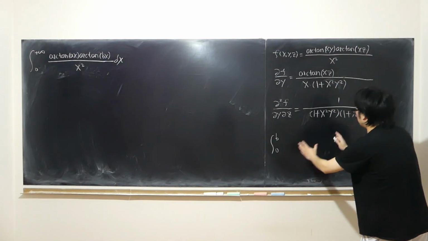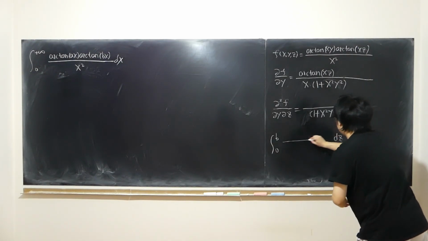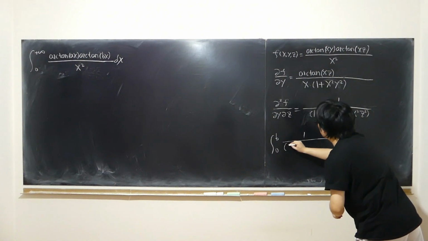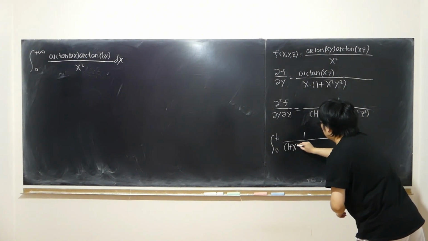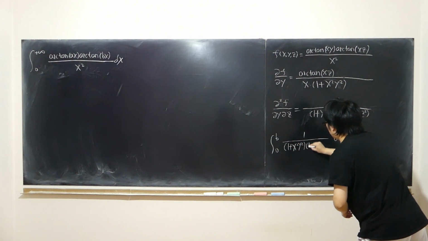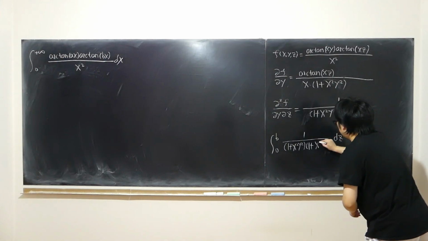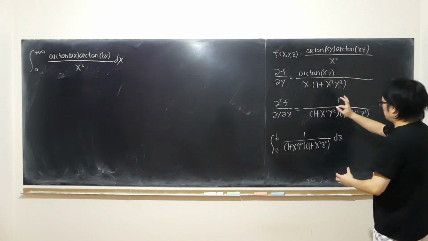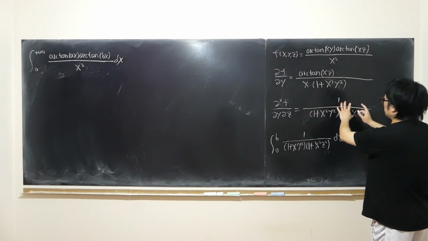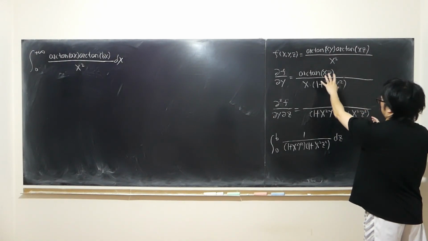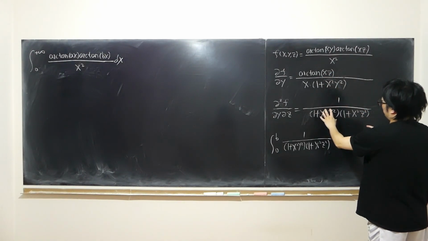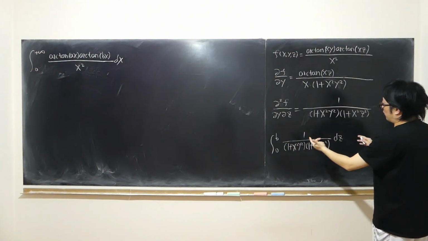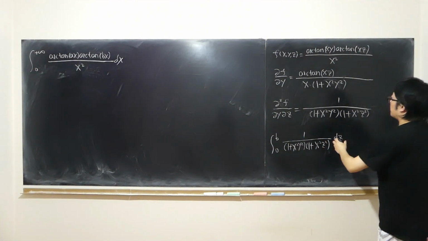Here's my integrand, this one. I'm using this one as my integrand because now I can take advantage of the fact that this is the derivative of this with respect to z, as if it's a single variable of z.